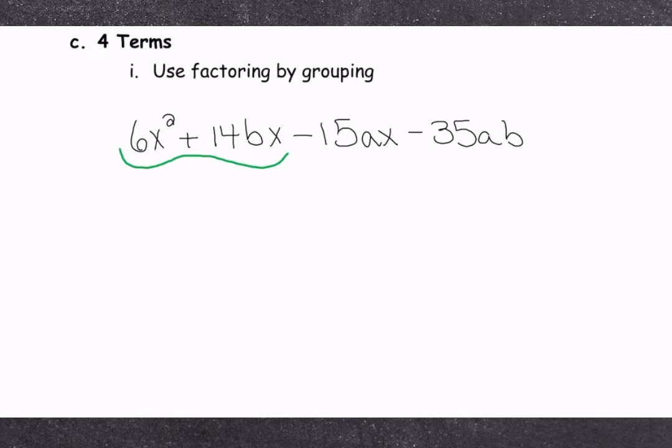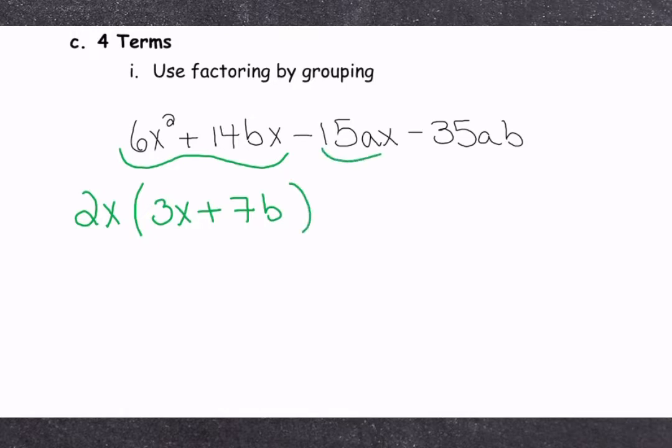You look at the first 2 terms and you see if there's a GCF among the first 2. And yes, there is. That is going to be 2x. And then in the parentheses, you're left with 3x plus 7b.